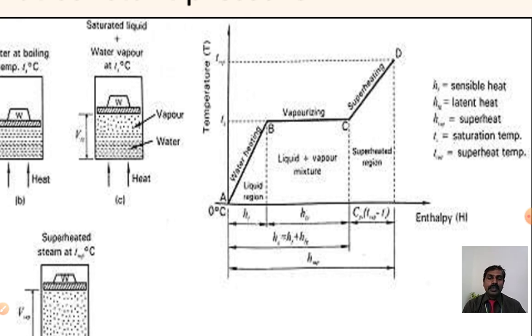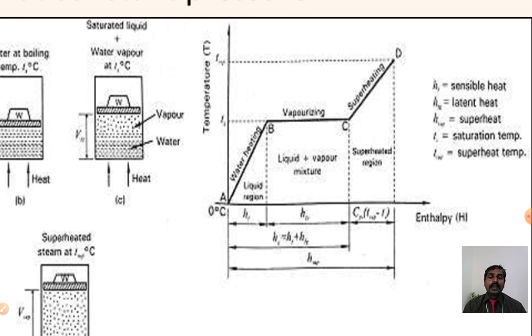When it reaches B, the water has heated up and starts to boil, and from B to C vaporization takes place. When I give further heat, that is enthalpy, from B to C, the water vaporizes at the same temperature, 100 degree water converting into 100 degree vapor at C.